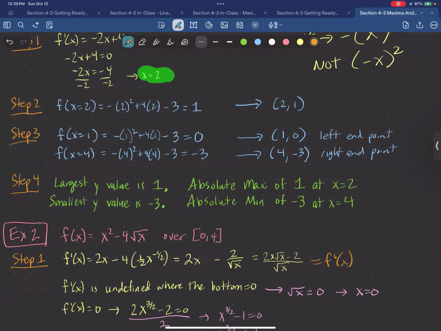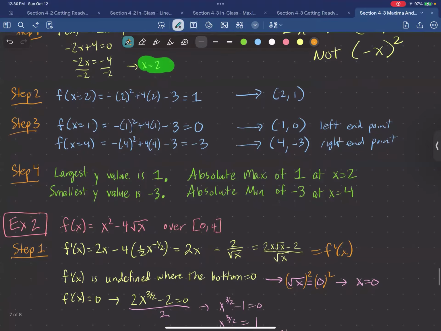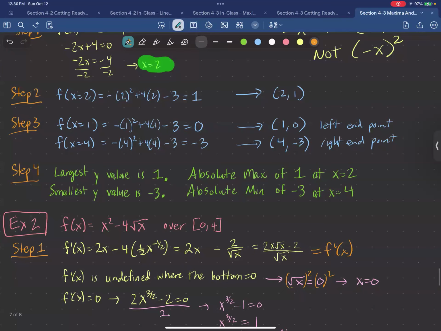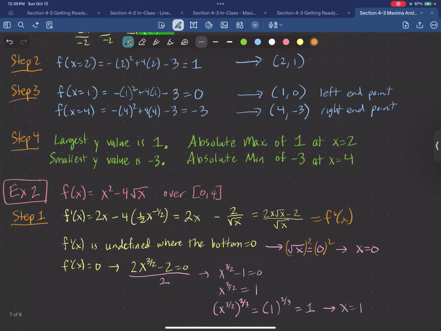So square root of x equals 0. You square both sides, you get 0. Then we want to do the top. I set the top equal to 0. I divided by 2. And I got x to the 3/2 minus 1 equals 0. And I moved the 1 to the other side. And then I raise both sides to the 2/3 power. And I get x equals 1.